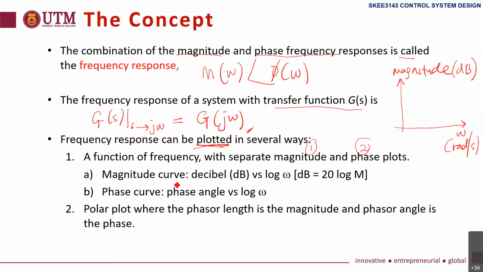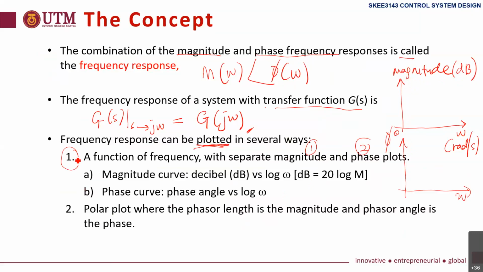So first, the magnitude curve must be a graph of magnitude in decibel versus omega. And the other one is phase, here in degrees versus omega. Two separate graphs.